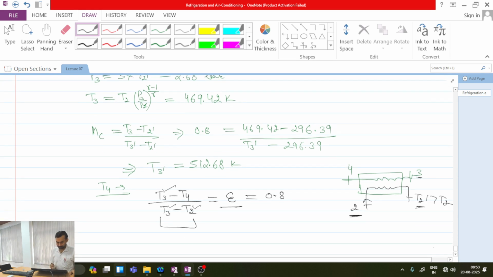T4, how much? And please remember, this should be 3 dash, because our heat exchanger inlet is actually 3 dash in an actual process. So T4 is how much? Please tell me.